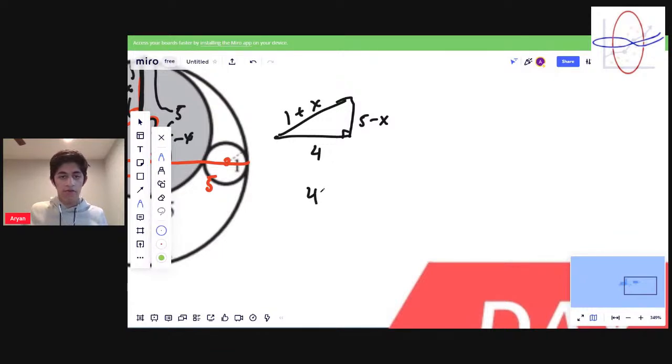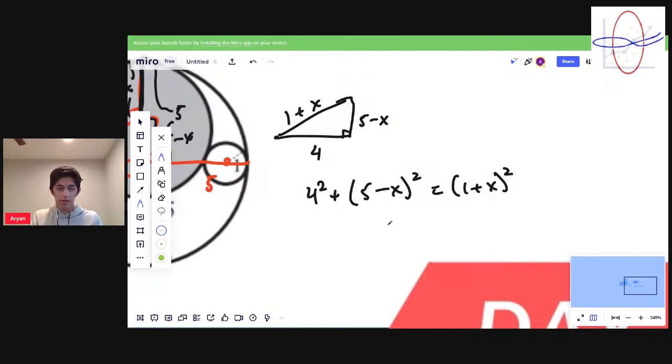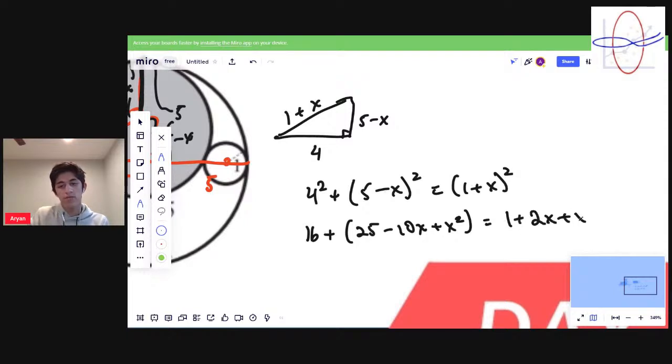We just do 4 squared plus (5 minus x) squared equals (1 plus x) squared, and that's just from the Pythagorean theorem. 4 squared is 16, and (5 minus x) squared is 25 minus 10x plus x squared. This is equal to 1 plus 2x plus x squared.